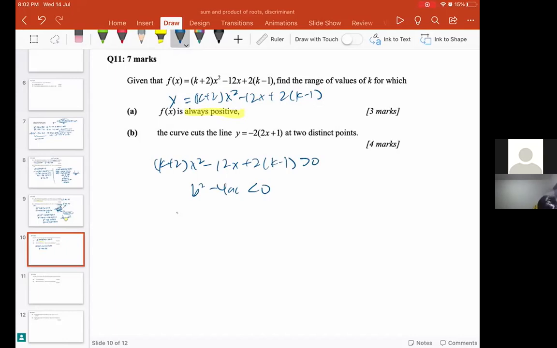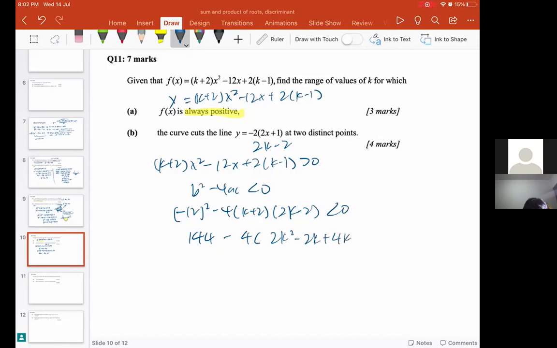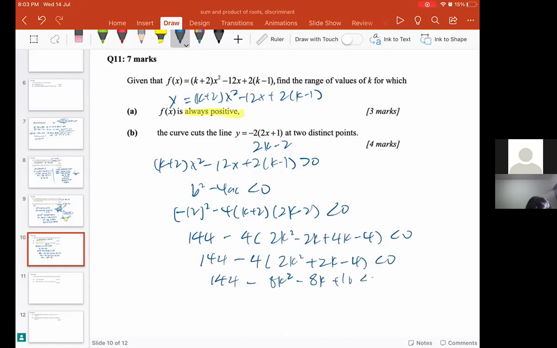So we substitute in our values: minus 12 squared minus 4 times (k plus 2) times (2k minus 1), which we want to expand, is lesser than 0. We have 144 minus 4 times (2k squared minus k plus 4k minus 4) less than 0. That is 144 minus 4 times (2k squared plus 3k minus 2)... then 144 minus 8k squared minus 8k plus 16 less than 0.